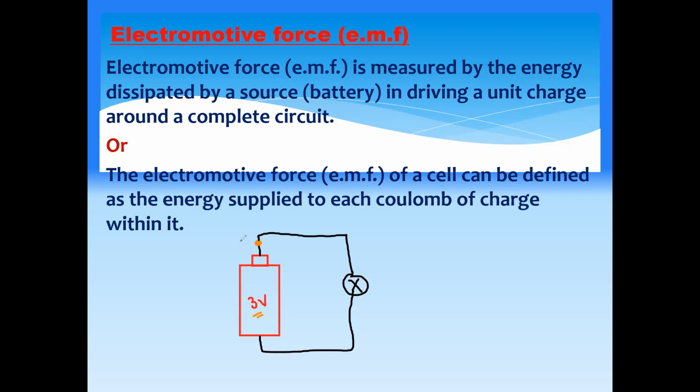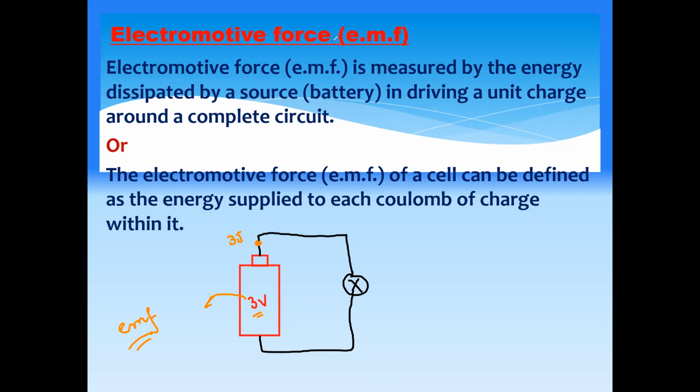If it is 3 volts, it means this charge will carry 3 joules of energy. The energy carried by 1 coulomb of charge, we call that electromotive force, or in short, EMF.